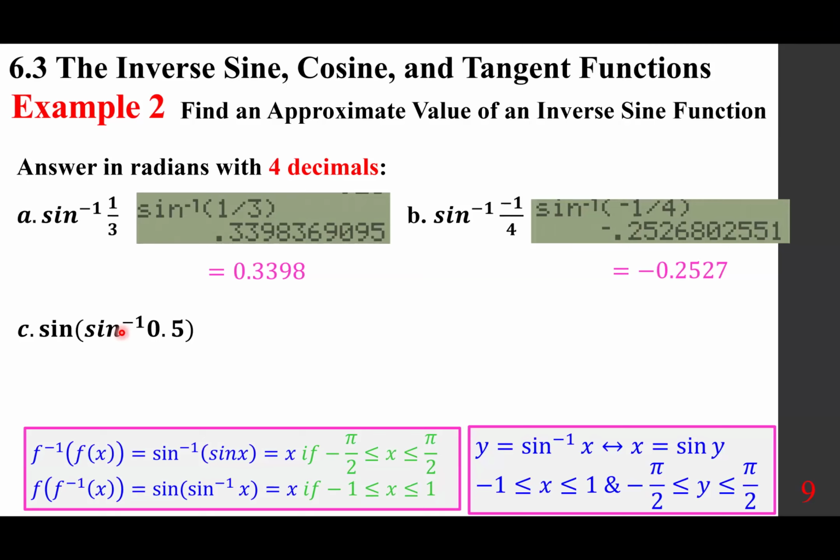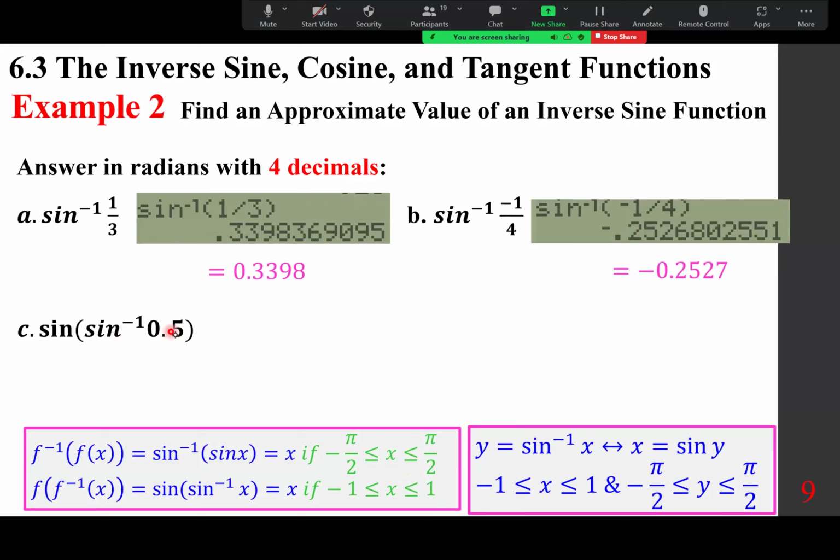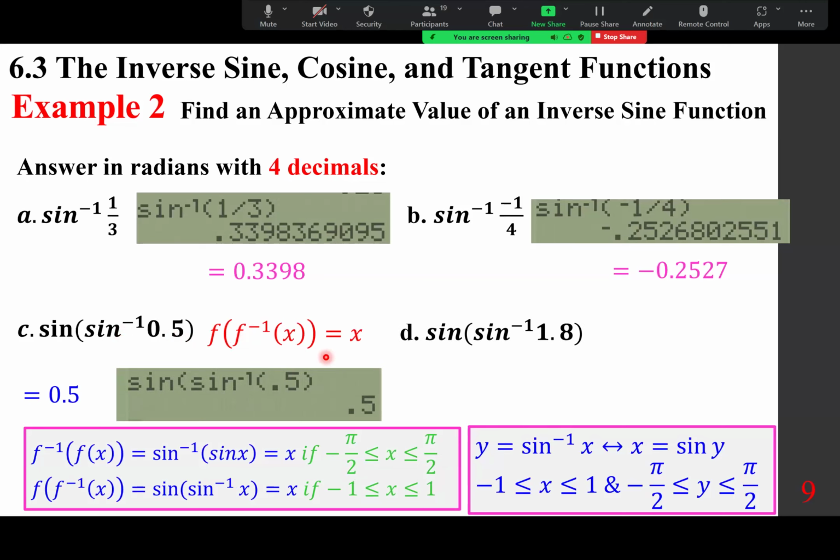So x must be between negative 1 and 1, and it is. Therefore, we follow f of f inverse of x equals x. The answer is 0.5. If you were to put it into a calculator, it would say sine of sine inverse of 0.5 is 0.5.